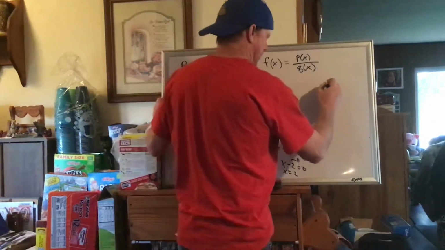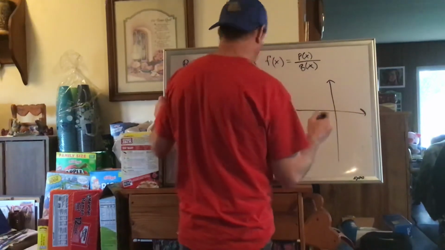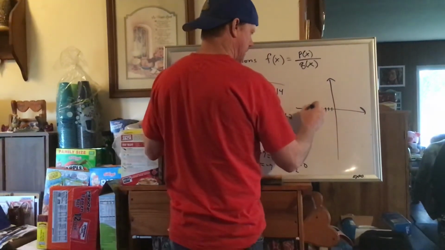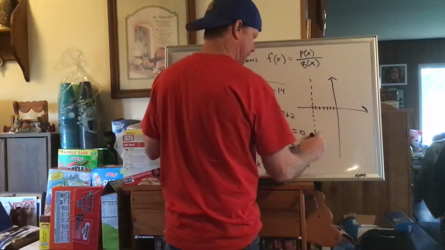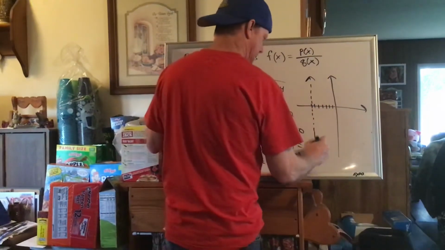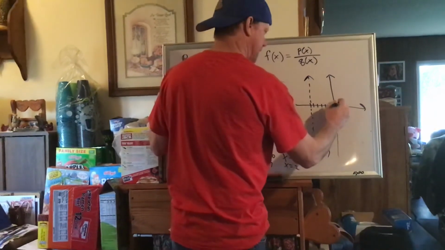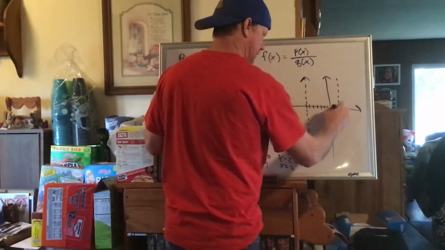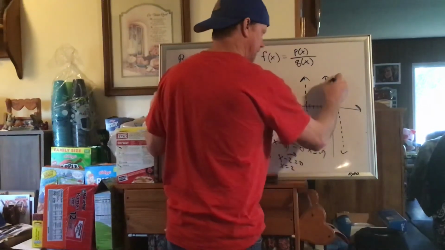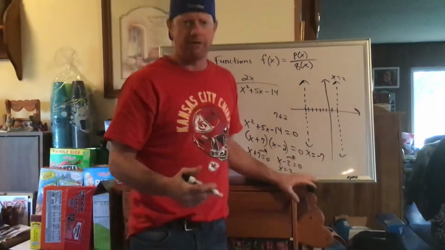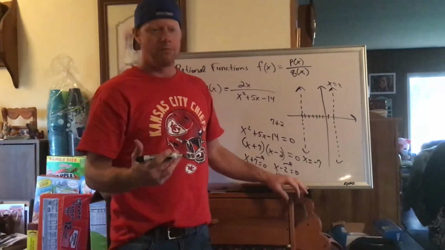I'm not going to graph out that function, but where would the vertical asymptotes be? 1, 2, 3, 4, 5, 6, 7. X equals -7 and x equals 2. Those are the 2 locations of where the vertical asymptotes would be located.